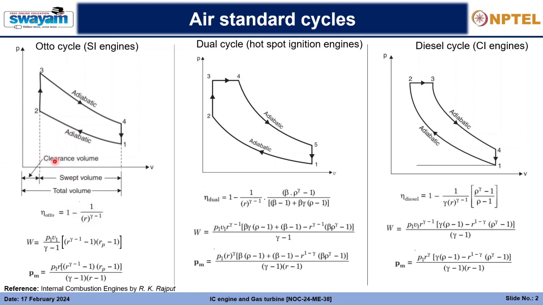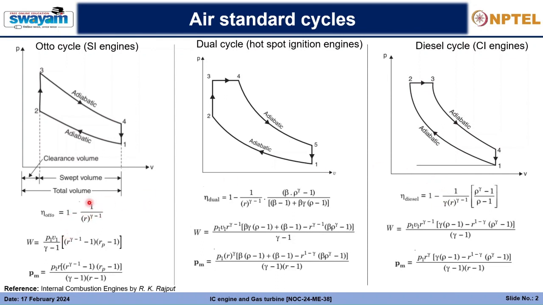The compression ratio is the total volume divided by the clearance volume, and that is the only governing parameter upon which the Otto cycle air standard efficiency relies. Whereas in the diesel cycle you will have other factors, that is gamma and rho. Rho is the cutoff ratio. So these factors also affect the efficiency in the diesel cycle.